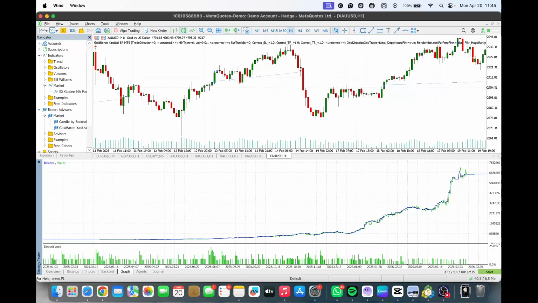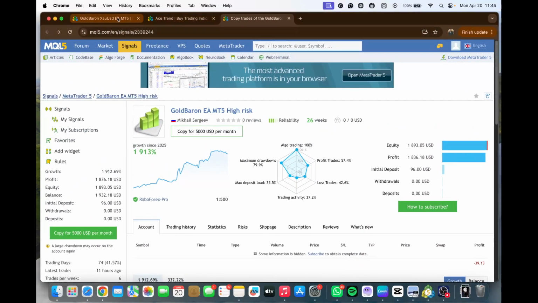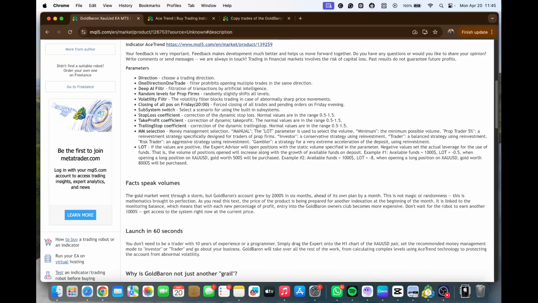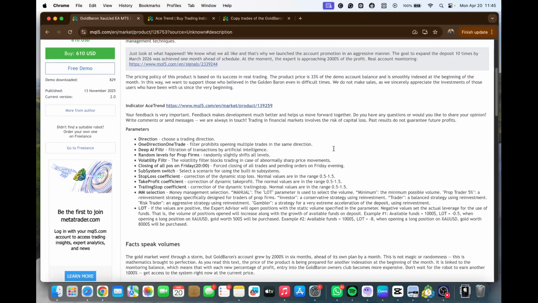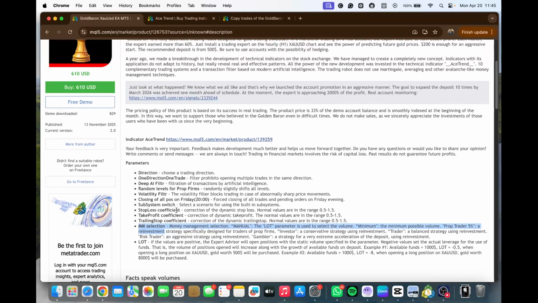Yeah, bottom line, GoldBaron can deliver explosive moves in strong trending gold markets, but the catch is those big single losses and higher live drawdowns. It is quite sensitive to broker spreads and needs a proper ECN or raw spread account. There's no hard martingale, and the aggressive modes and selections act as hidden leverage.